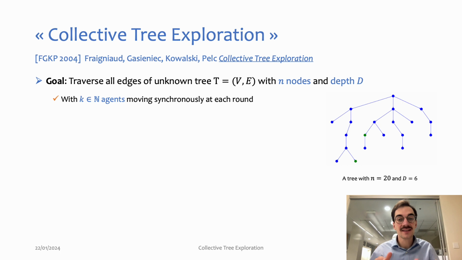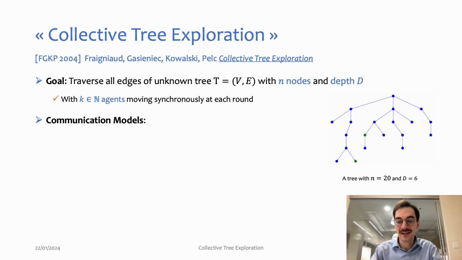So this is precisely the setting that was introduced by Fraigniaud, Gasieniec, Kowalski, and Pelc in 2004 in their paper Collective Tree Exploration. They assume that there is an unknown tree, T, with n nodes and depth d, and that there are k agents moving synchronously at each round. Now, in this model, the agents also have to all return to the origin. That makes calculations a little simpler, though it doesn't change the nature of the problem.